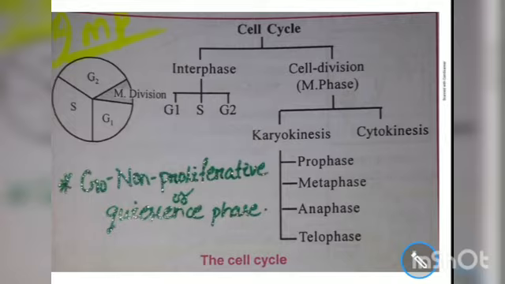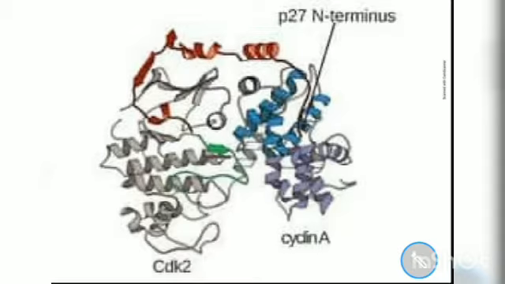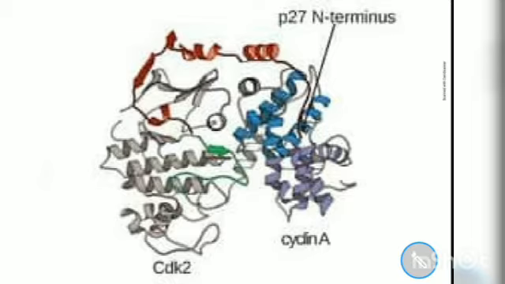Then there is another complex which controls the progression of the cell cycle. That complex is called the CDK complex.